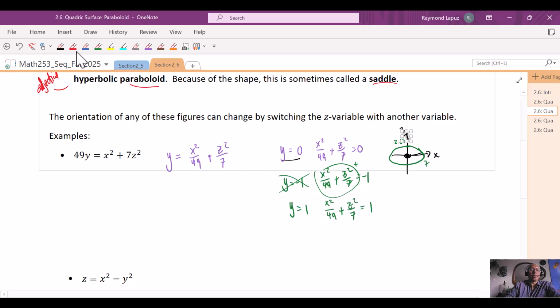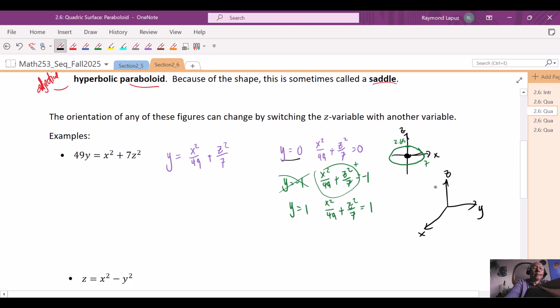So I would imagine this, and trying to draw this in 3 dimensions, you have your x, y, and z, and then when y is equal to 0, that's just the xz plane.